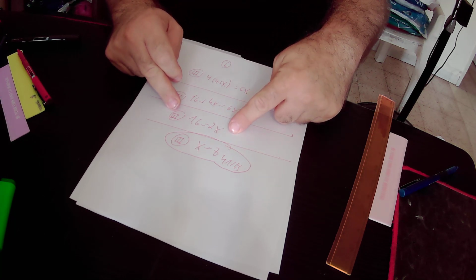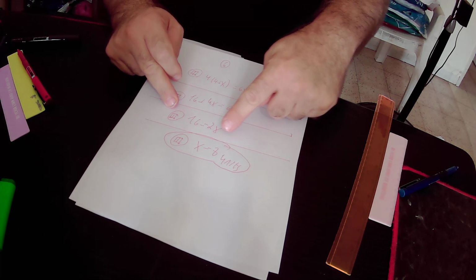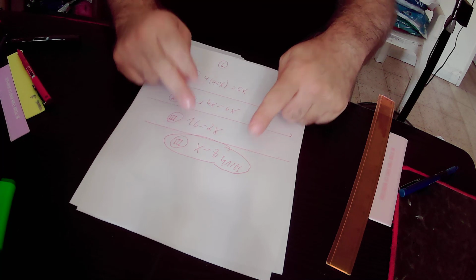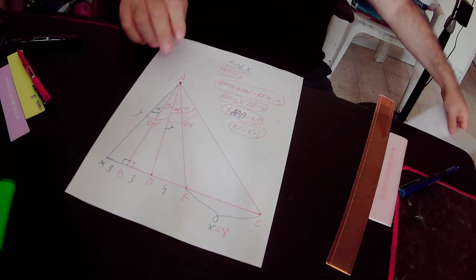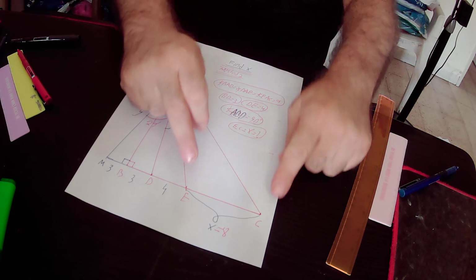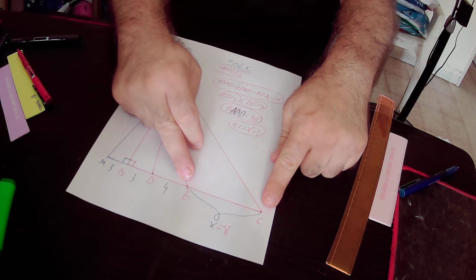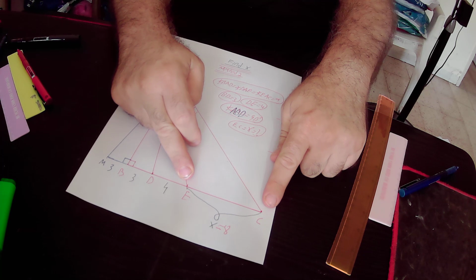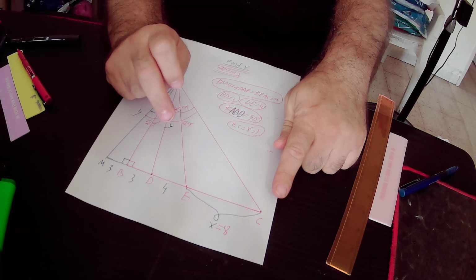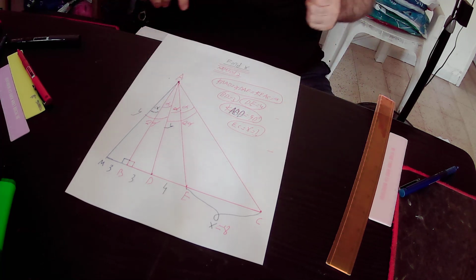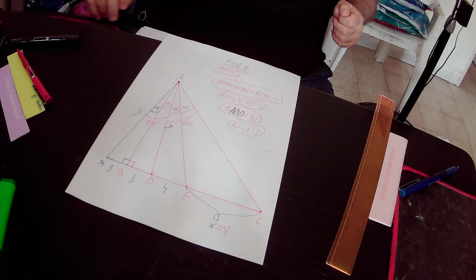Here we divided this equality by 2, and we got that the value of X is 8 units. Again, the value of X, which equals EC, is 8 units, so we found in 2 different ways that the value of X is 8 units. Thank you very much.